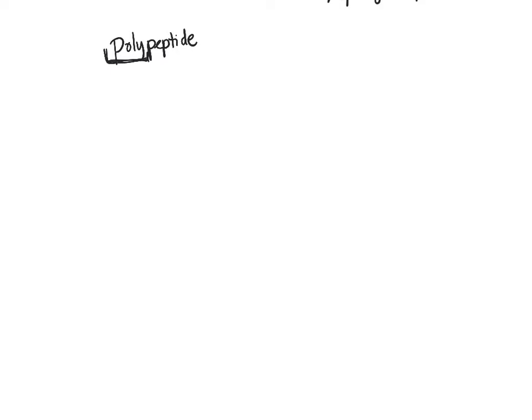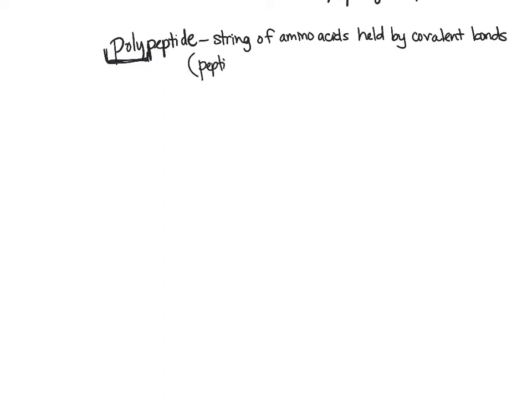So a polypeptide, which is our string of amino acids held by covalent bonds. And the bond that we're talking about here is specifically called a peptide bond. And that's why this is a polypeptide, poly meaning many, and then peptide bonds, so many peptide bonds.